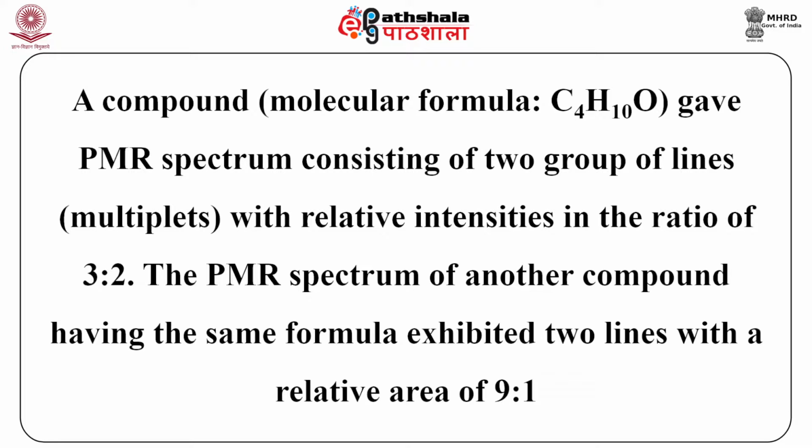The question is a compound having molecular formula C4H10O. It gave the 1H NMR spectra or the PMR spectra consisting of 2 group of lines as multiplets with relative intensities in the ratio 3:2. The PMR spectrum of another compound having the same molecular formula exhibited 2 lines with a relative area of 9:1. Identify these substances.